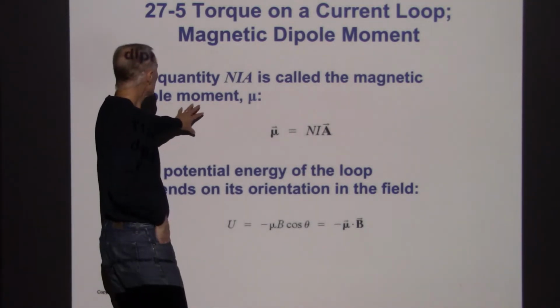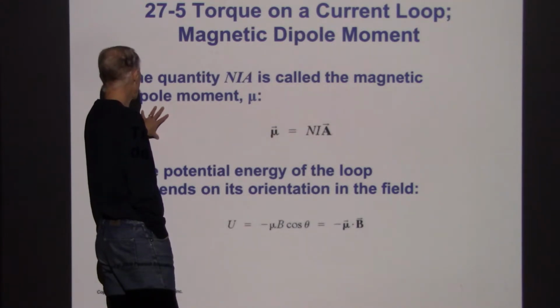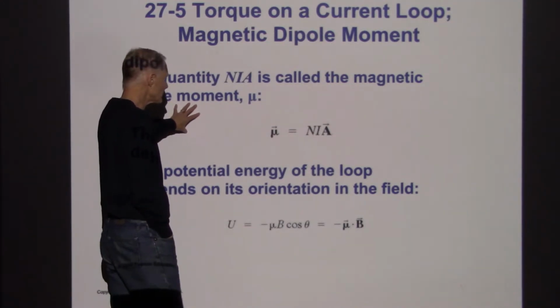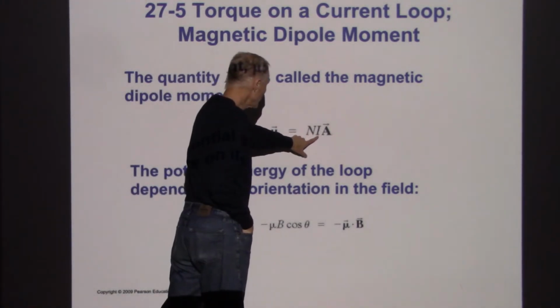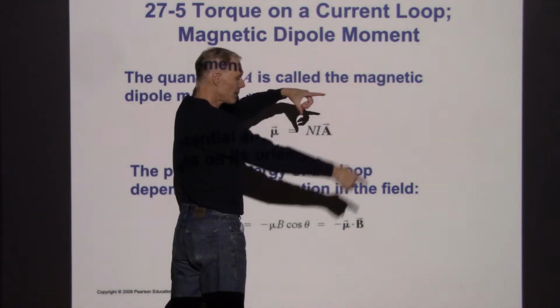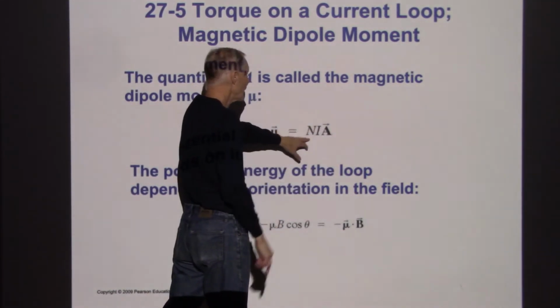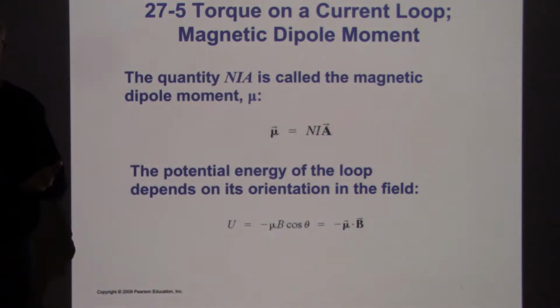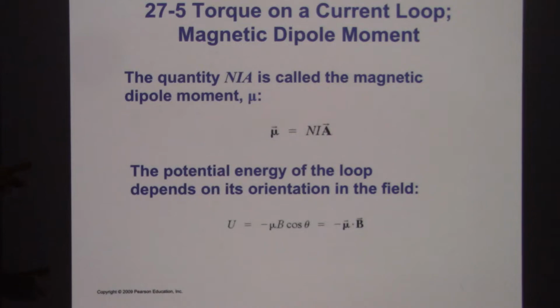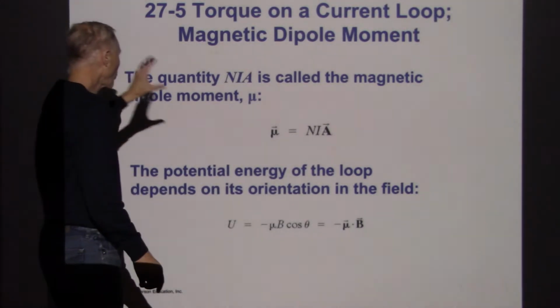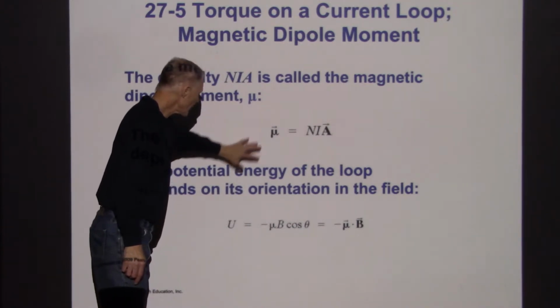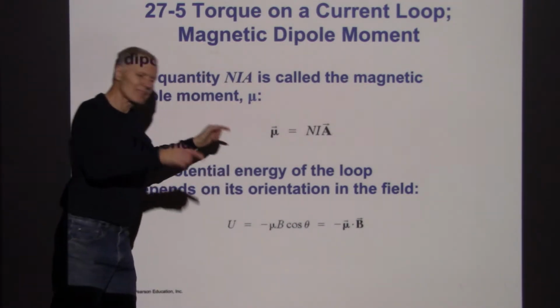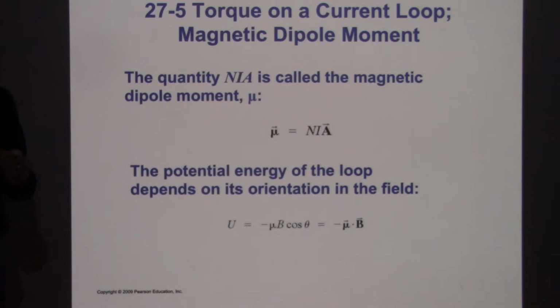So this is called the magnetic dipole, or the magnetic dipole moment, and it depends on how much current, what the area is surrounded by the current, and then if I have multiple loops, I have to include that effect. So if I have 5 loops, or 10 loops, or 20 loops, I've got to multiply by that number. Now, once I've defined the dipole, then I can write down formulas the same way I did with electric dipoles, and the formulas work the same way.